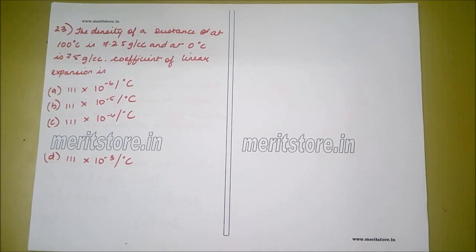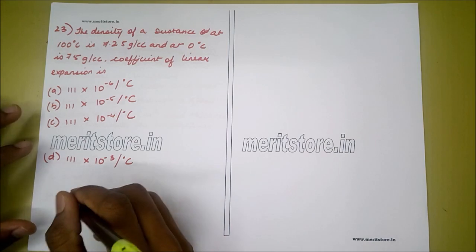The density of a substance at 100 degrees Celsius is 7.25 grams per cubic centimeter, and at 0 degrees Celsius is 7.5 grams per cubic centimeter. The coefficient of linear expansion is, the options given are 111 into 10 raised to minus 6 per degree Celsius, 111 into 10 raised to minus 5 per degree Celsius, 111 into 10 raised to minus 4 per degree Celsius, and 111 into 10 raised to minus 3 per degree Celsius.